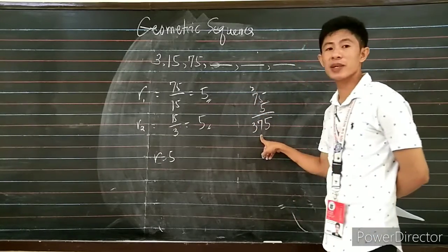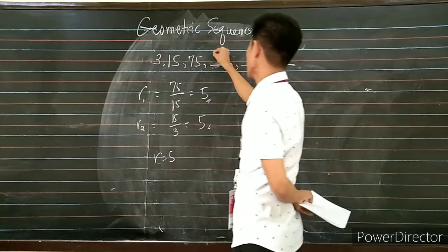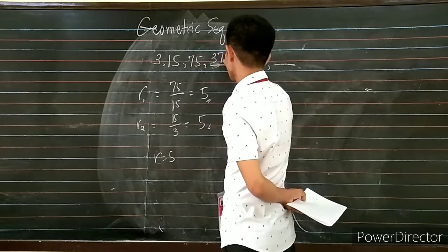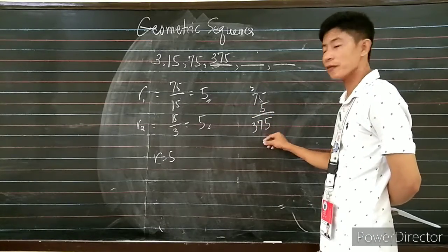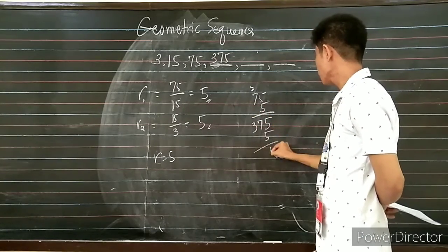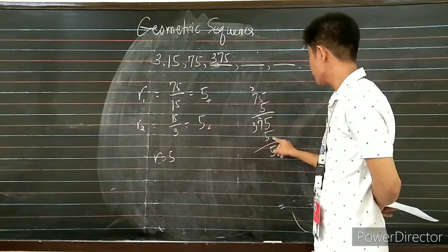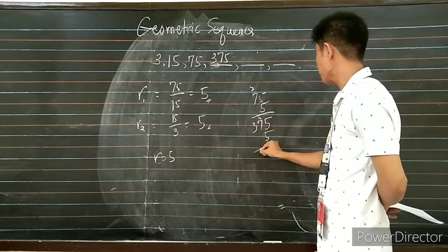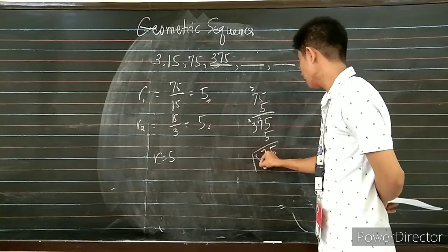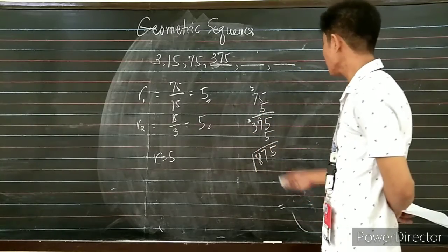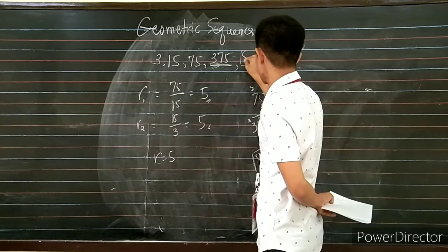So the next term is 375. Followed by 375 times 5: 25, carry 2, 35, 37, carry 3, 15, 18. So the next term is 1875.